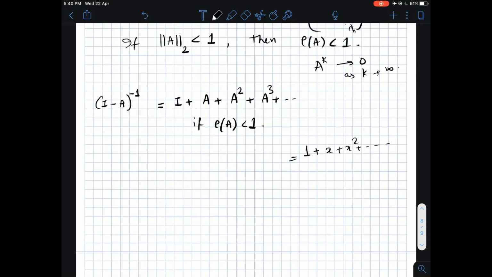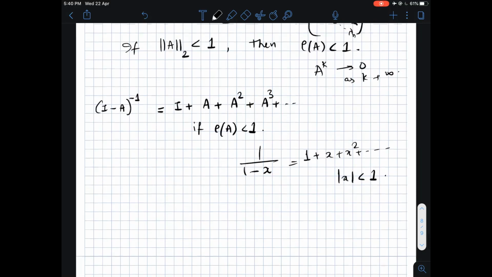Just like when you have this series, 1 plus x plus x square and so on, we all know that it converges to 1 over 1 minus x if x is between minus 1 and 1. In fact, you can allow x to be complex also, so long as the absolute value of x is less than 1.